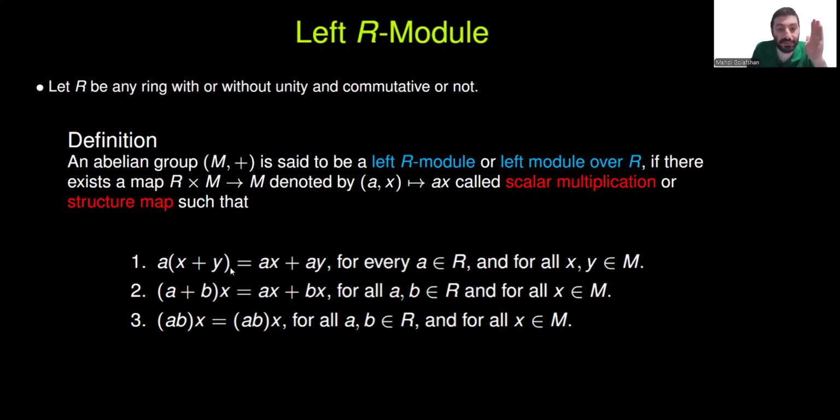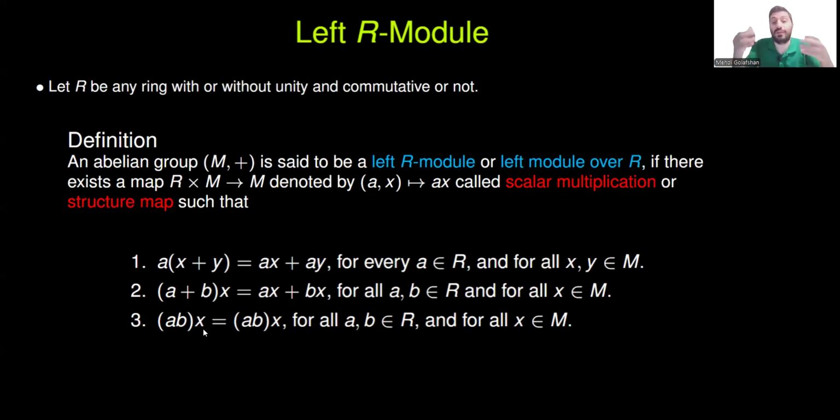You see a times (x plus y); a plus b is again an element of our ring, and x is an element of our module. Everything acts from the left-hand side. So the map is a scalar multiplication map, and as I said, if you observe these conditions, they are like the vector space conditions over any field.